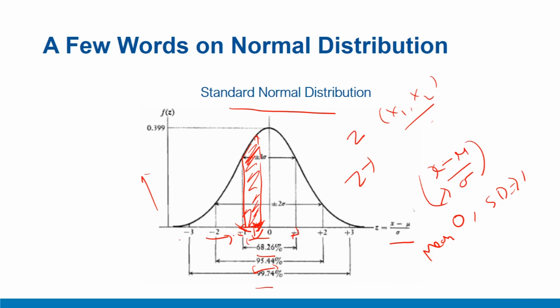So if it follows normal distribution, then as per standard normal distribution, irrespective of mean, the mean and standard deviation can be anything, these properties will hold. That means within ±3 standard deviation you have 99.74% of the probability, within ±2 you have 95.44% probability, and within ±1 there's 68.26% probability that observations will lie within this.